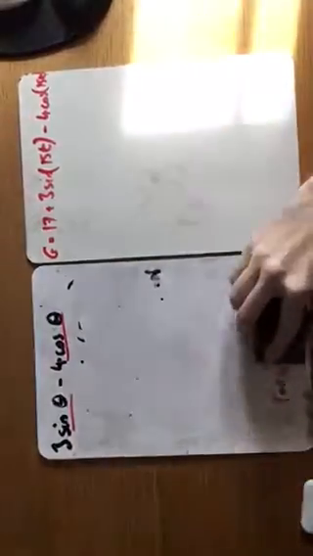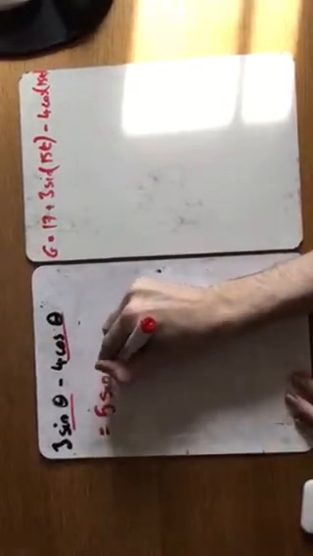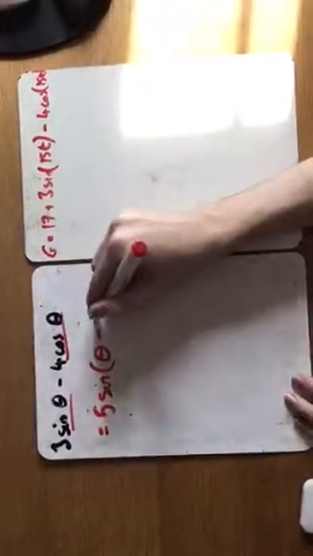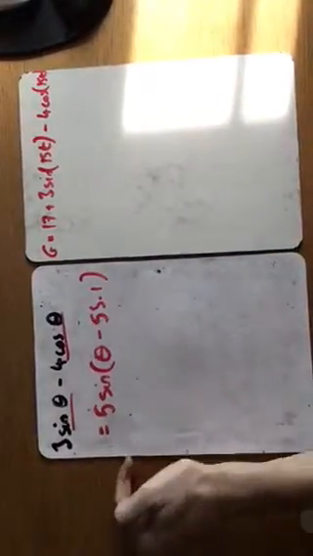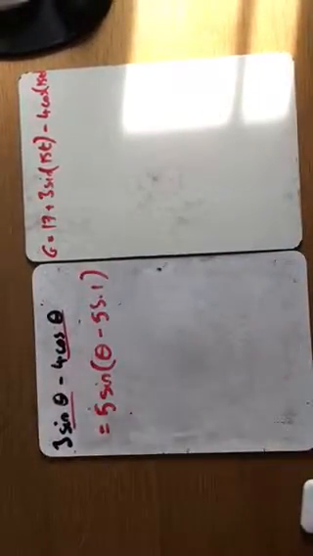So, what we're going to do is we're going to remember that this thing can be written as 5 sine theta minus 53.1 degrees. Okay, that's the same thing, just written in a different way. Now, here's what happened in part 2 of the question.